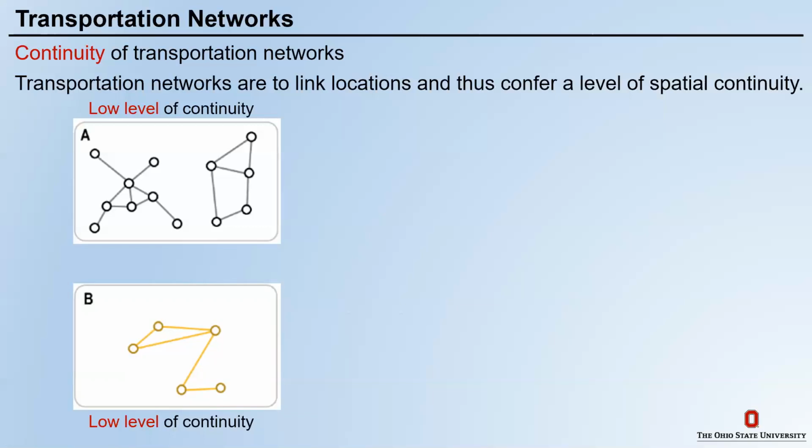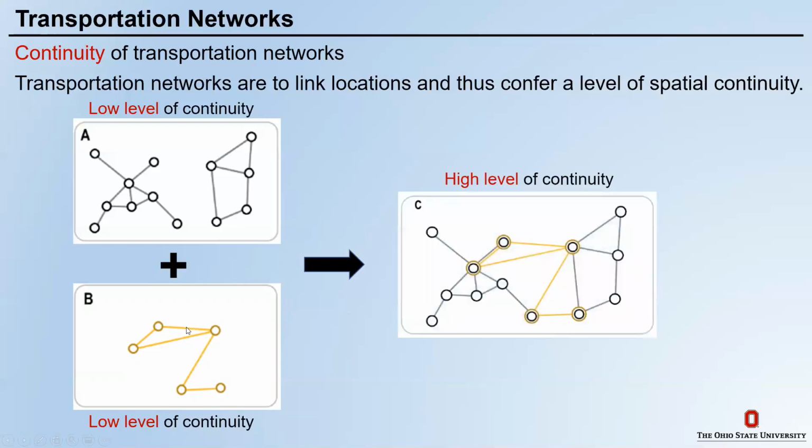Okay, now let's continue. We have two small networks in graph A and another one in graph B. What if we combine them? Use the third network, the yellow one, to connect the two networks.